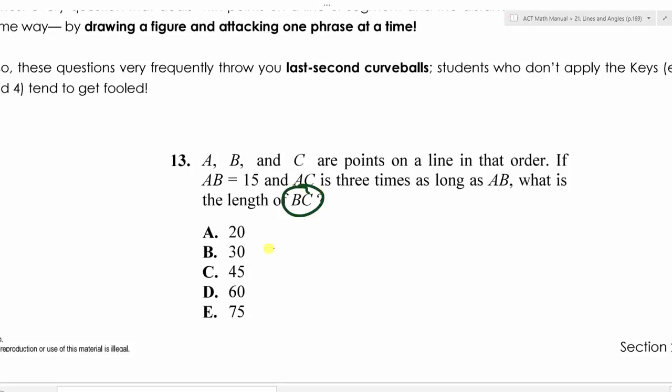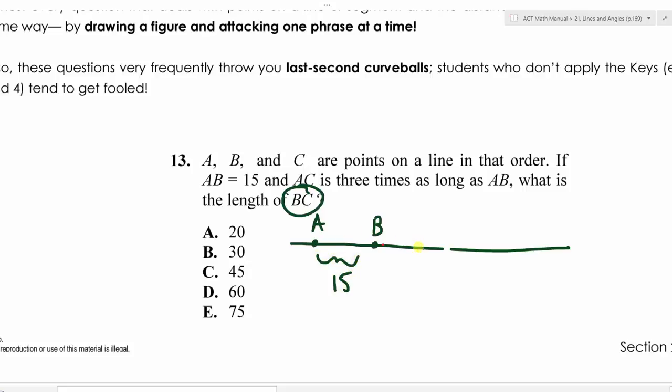So again, we are going to draw a nice, neat figure here. They tell us that AB is 15. I'm going to adjust that because I want to draw this as to scale as possible. So AB, this is 15.